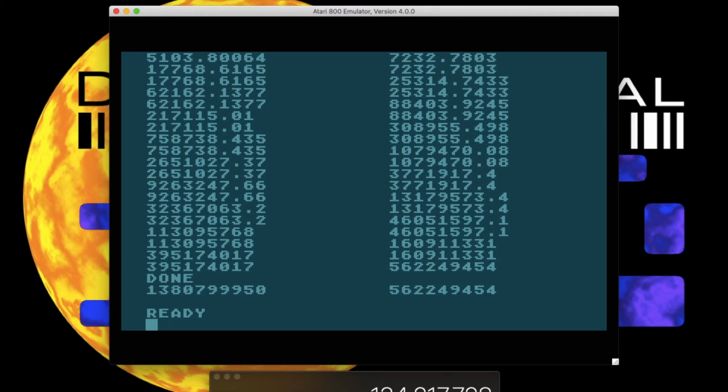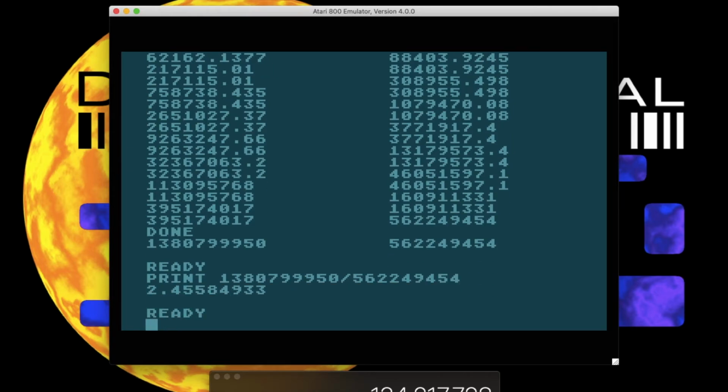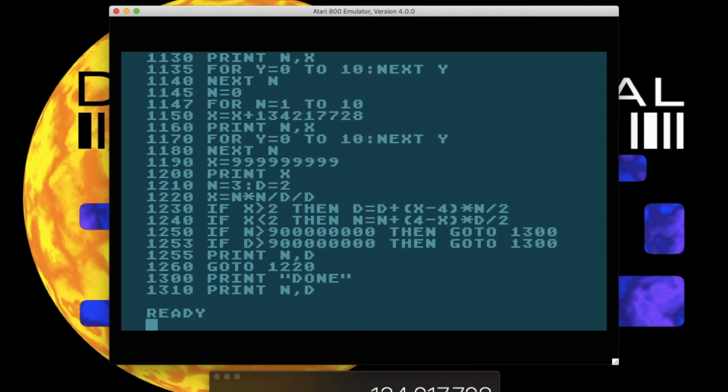No. That's the wrong answer. It should be 2 exactly. Numerator over denominator.